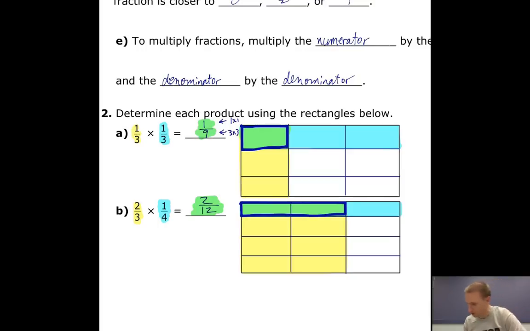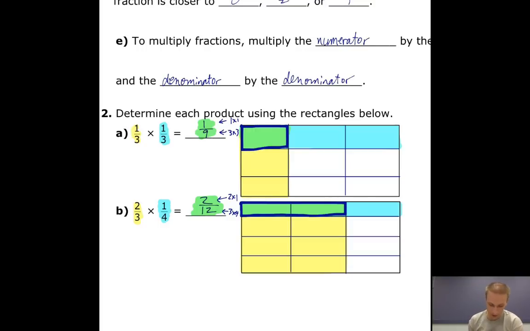So we really could just do numerator times numerator to get the numerator of the product, and denominator times denominator to get the product's denominator. So again, this is just 2 times 1, and this here is just 3 times 4.